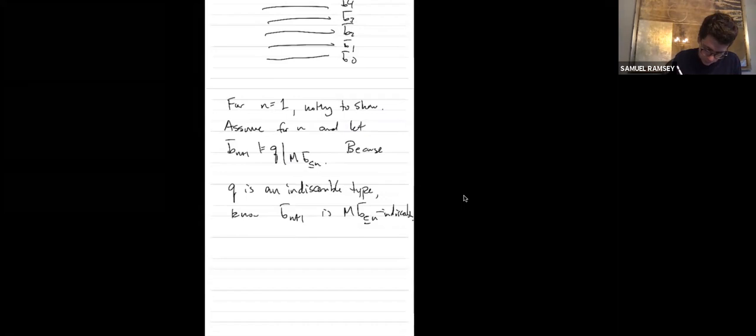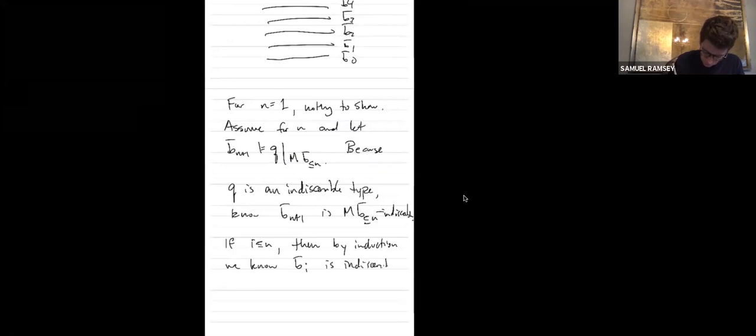However, if we take some i, which is less than or equal to n, then by induction, we know B bar_i is indiscernible over what?